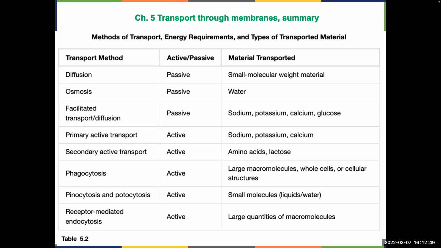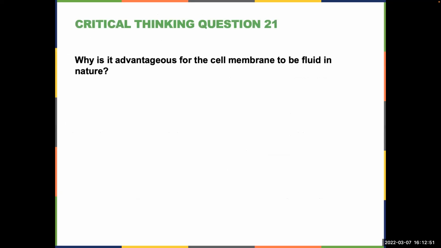So you can see the question and then pause the video, type or write out your answer to see if you get it correct, and then you can check your answer. So go ahead and try to answer this first question. Why is it advantageous for the cell membrane to be fluid in nature?